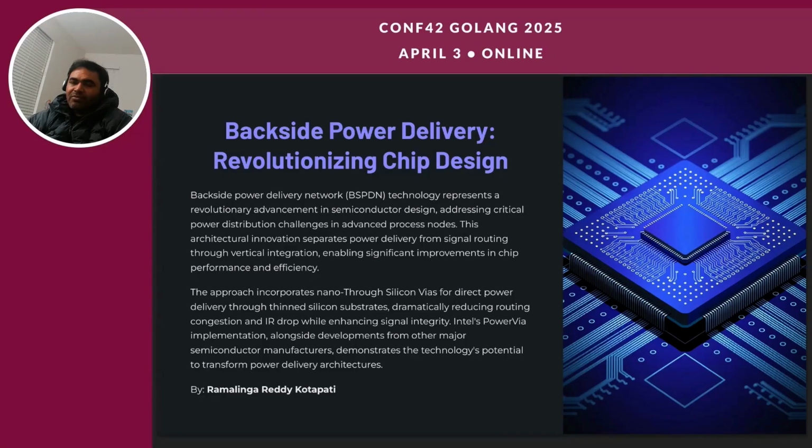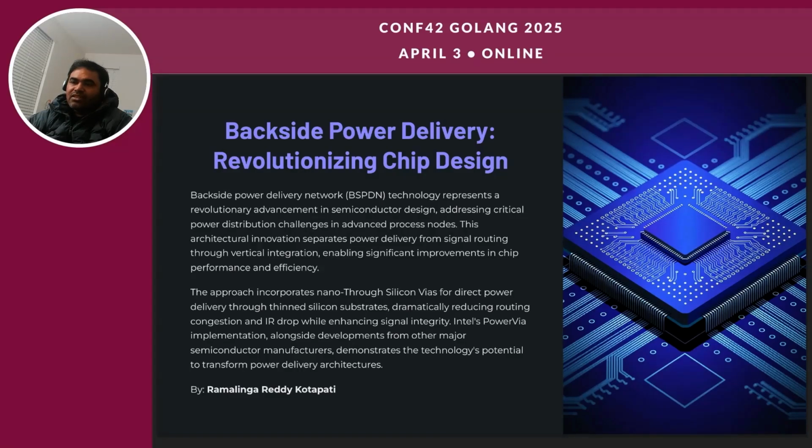Because of that we moved most of the power routes to the backside through nano through silicon vias. We are thinning the substrate of the chip, and we are sending vias through it to connect the backside power.